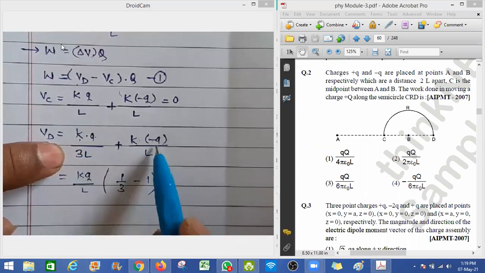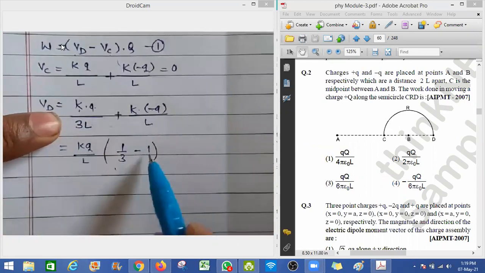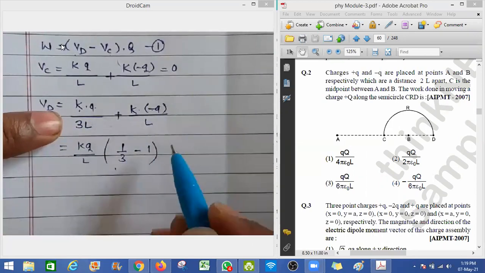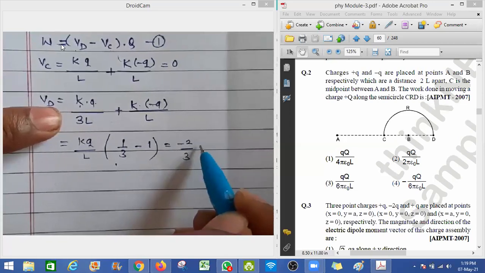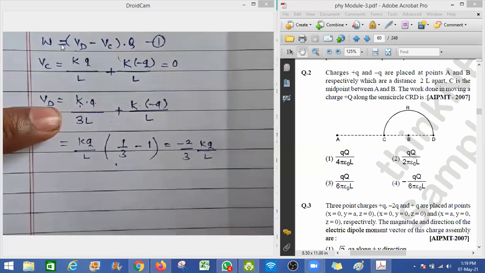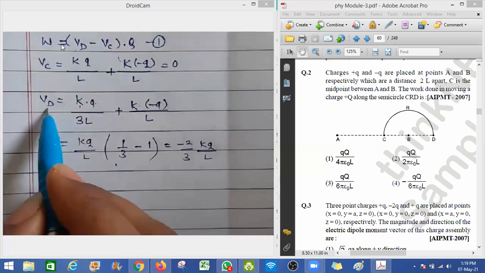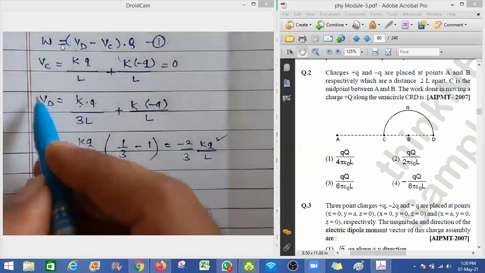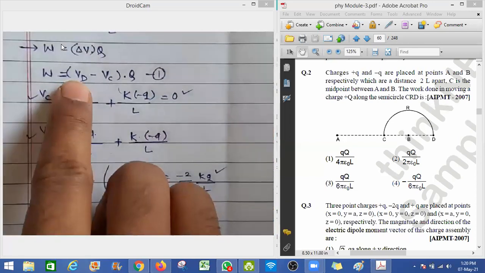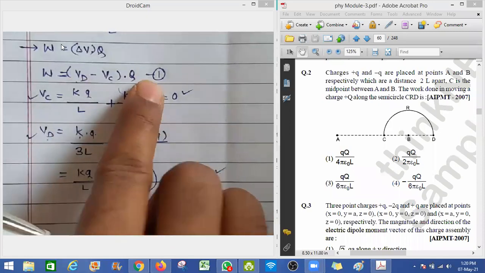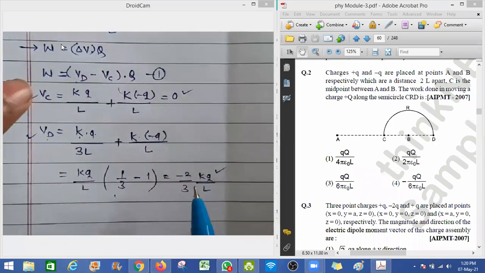So 1 by 3 minus 1, what will that be? Minus 2 by 3. That will be equal to minus 2 by 3 times kq upon L. Now we have the value of potential at point D, and we have the potential at point C. Now just put the values of potential here and here, and just multiply by Q. That's it. We will get the final answer.